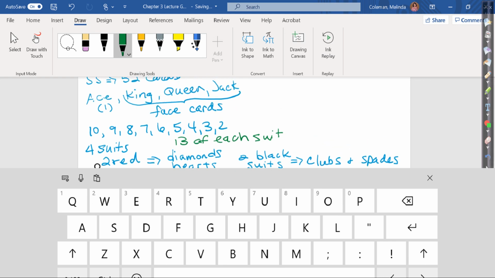And if you add these up, there would be 1, 2, 3, 4, 5, 6, 7, 8, 9, 10, 11, 12, 13. So you would have a 2 of hearts, a 2 of diamonds, a 2 of clubs, and a 2 of spades. And likewise for each one of those. So there's 13 of each suit, 52 total cards.